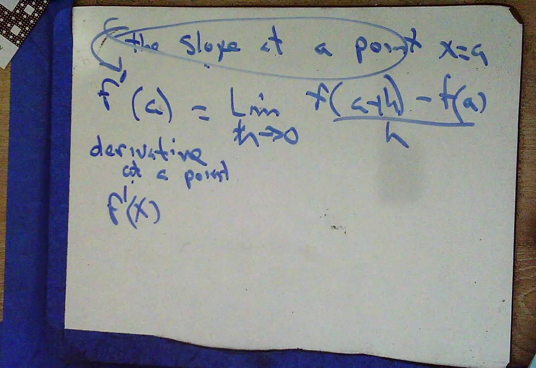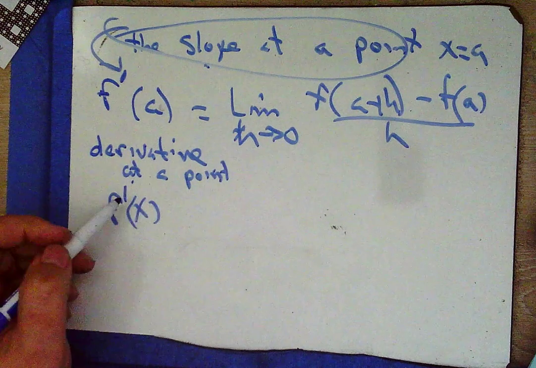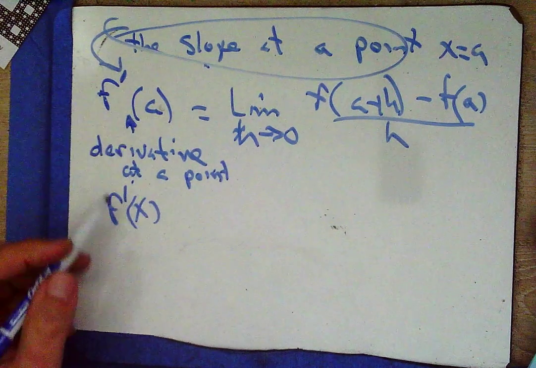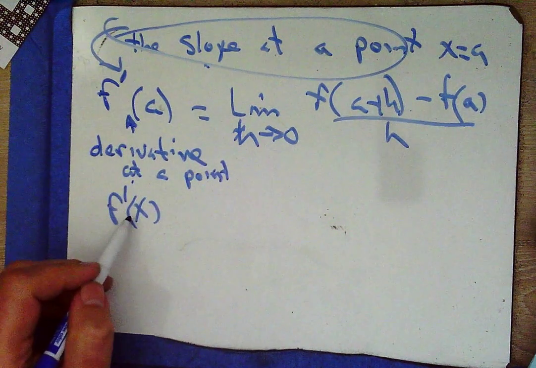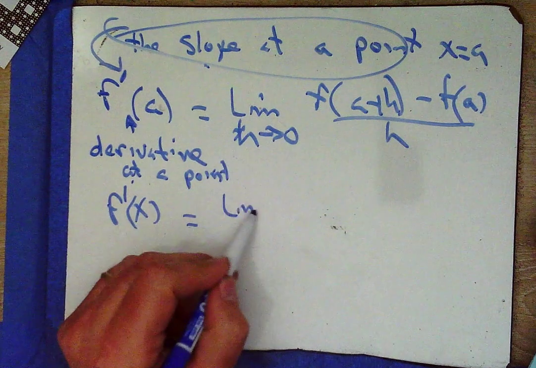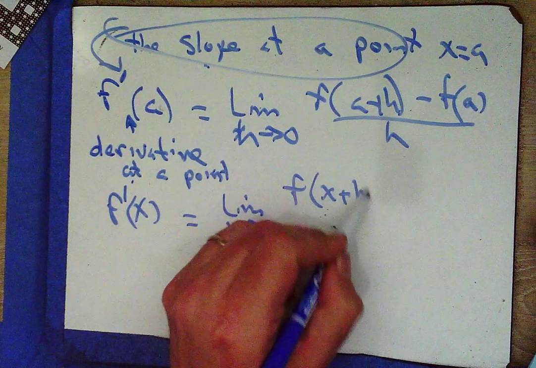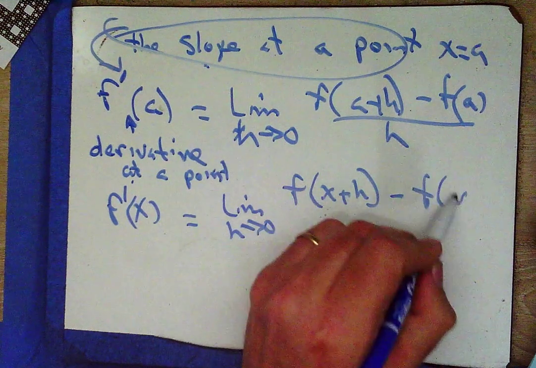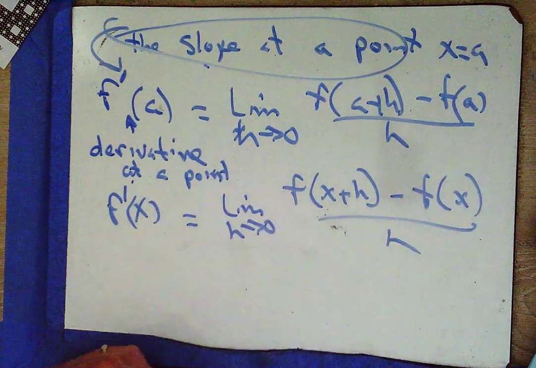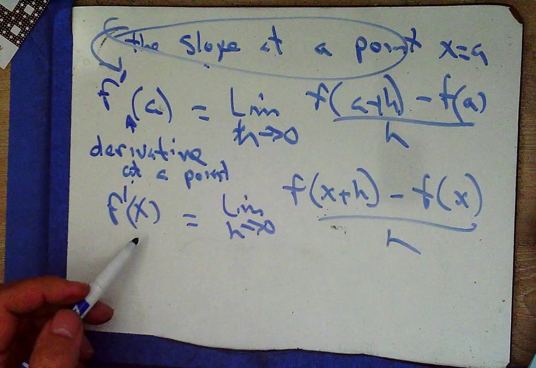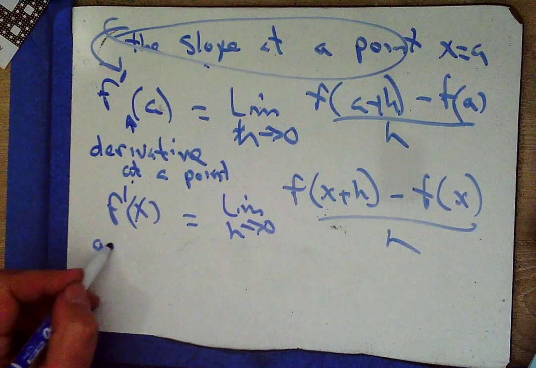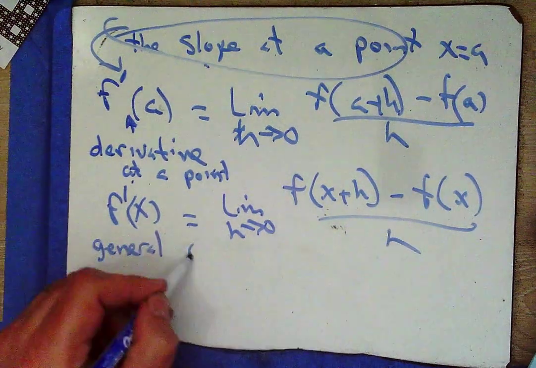Okay. All right, so derivative at a point is f prime of a. But what about f prime of x? Okay, we already saw it. It's the limit as h heads to 0 of f of x plus h minus f of x all over h. What I like about this form is this is called the general derivative.